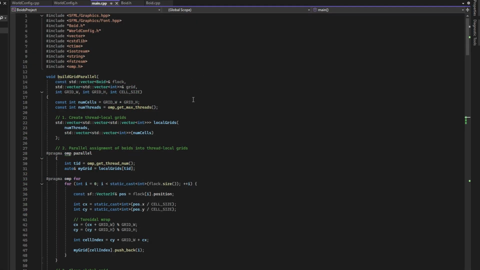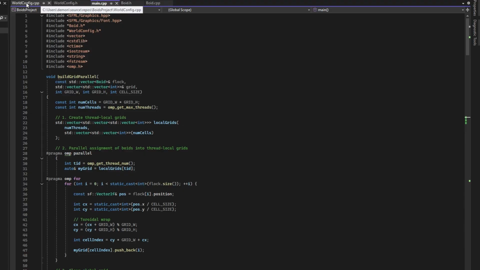So let's talk about the program a little bit. I used the SFML set of libraries. It's for C++, and I wrote 2 header files and 3 CPP files.